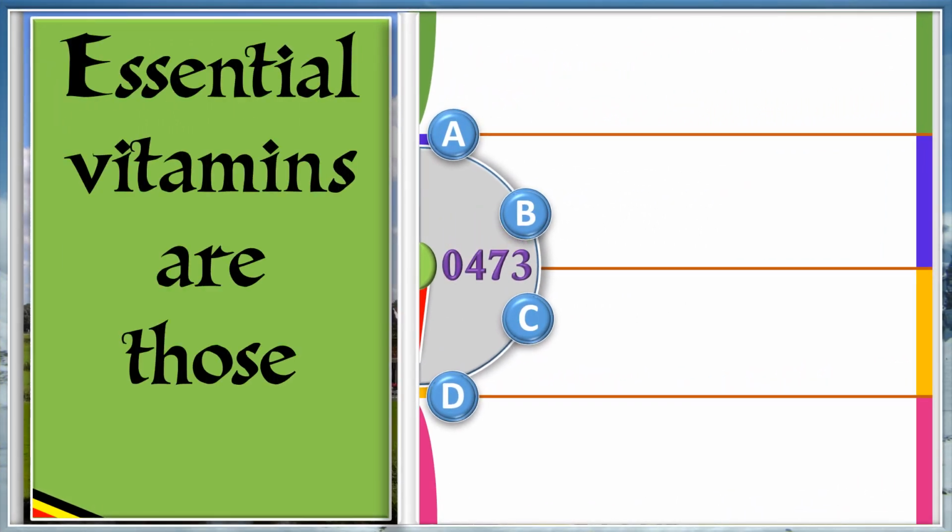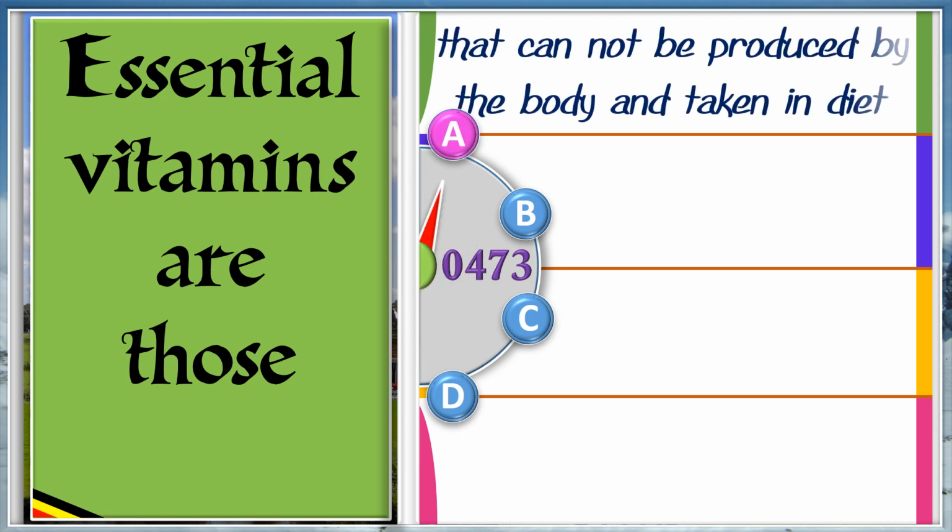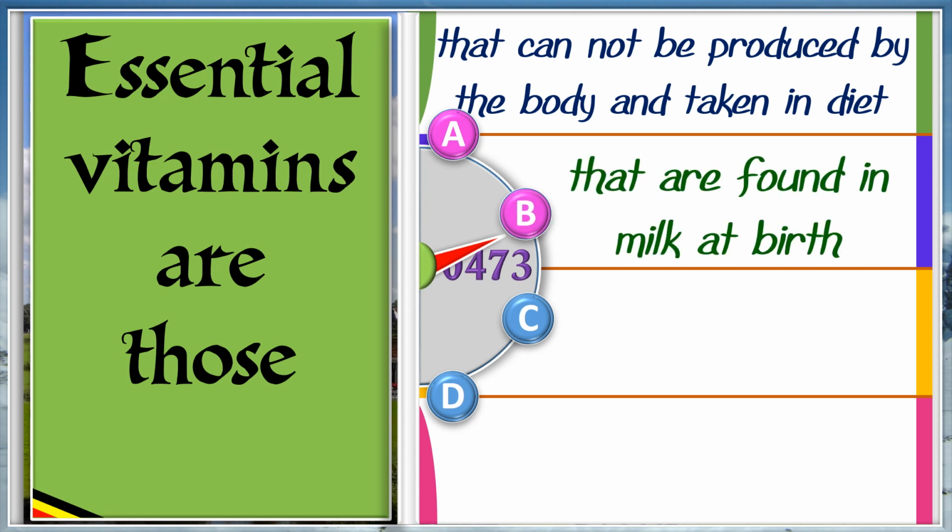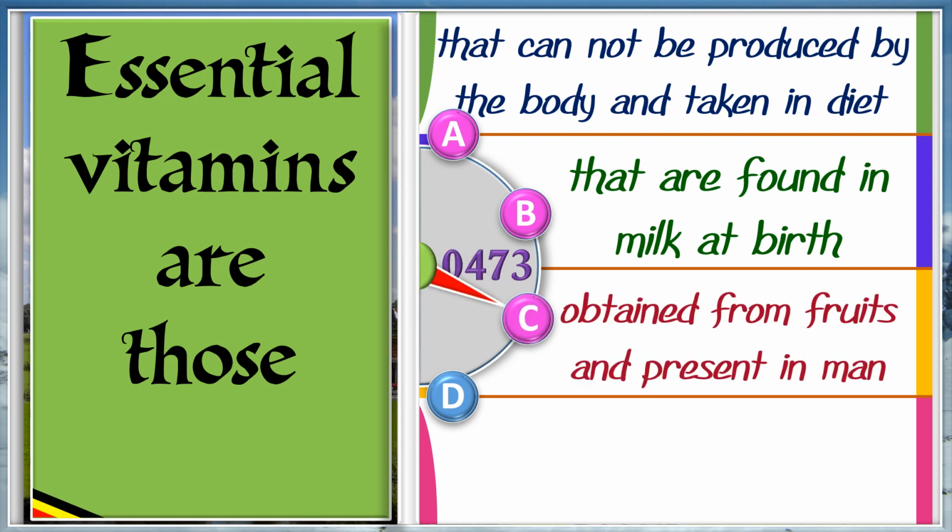Essential vitamins are those: A. that cannot be produced by the body and are taken in the diet. B. that are found in milk at birth. C. obtained from fruits and present in man.